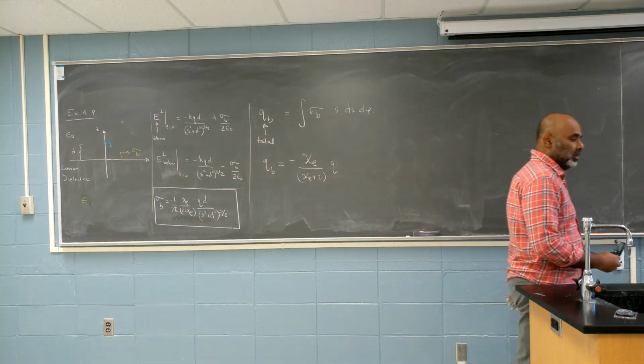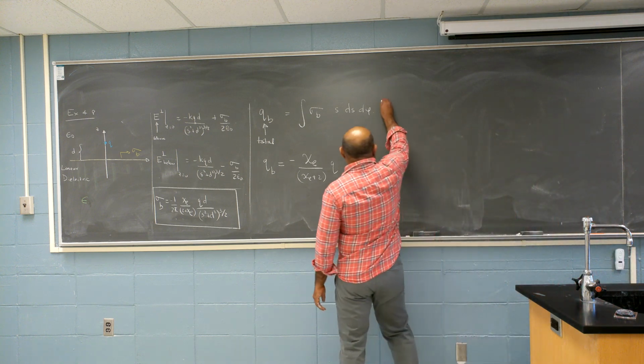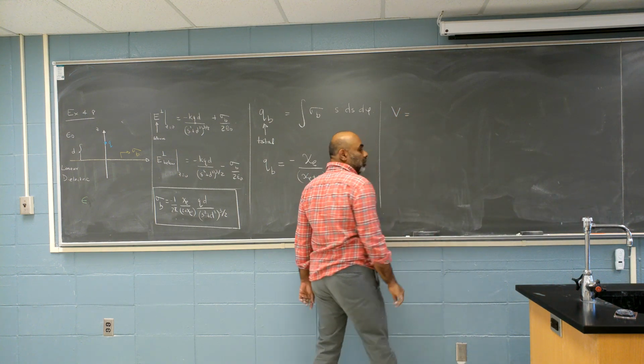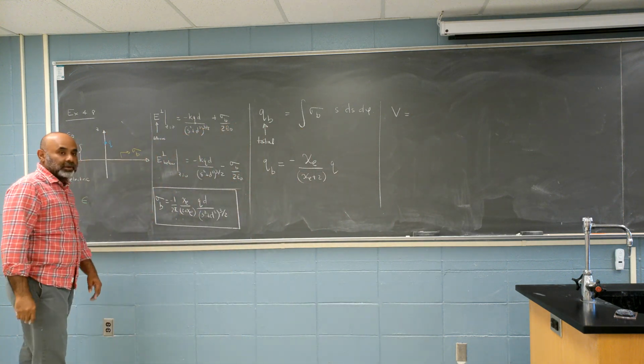Now, we want the potential everywhere. In one sense, it's easy to write down. It's difficult to integrate, unless you guessed it, image charge. But let's write it down and see what we can learn from it. I don't care where the potential is going to be calculated, upstairs or downstairs.